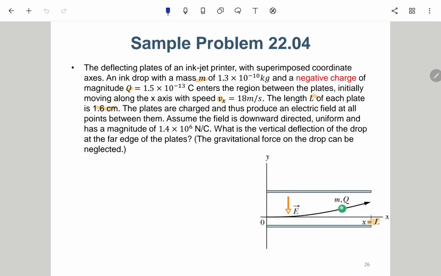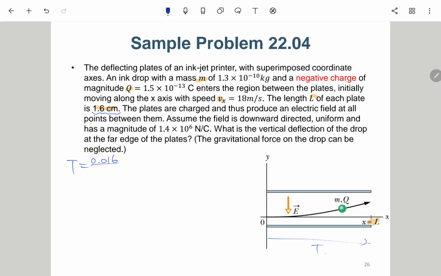Okay, so first of all, we would like to calculate the time it takes for the ink to go through this parallel plate. So T equals 1.6 centimeter. Of course centimeter is not an SI unit, so we need to change it to meter, so it becomes 0.016 meter.